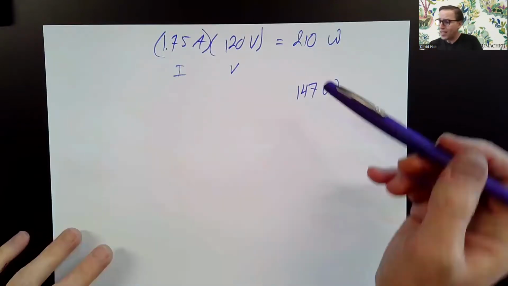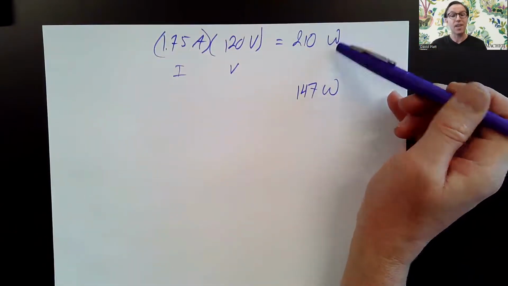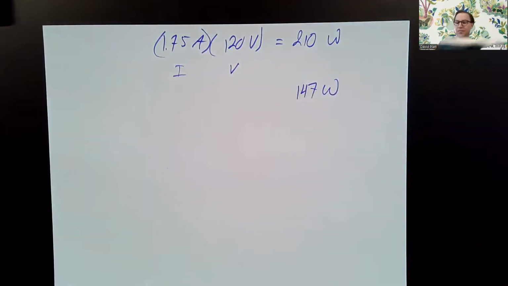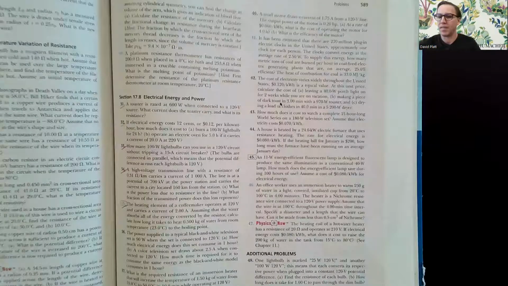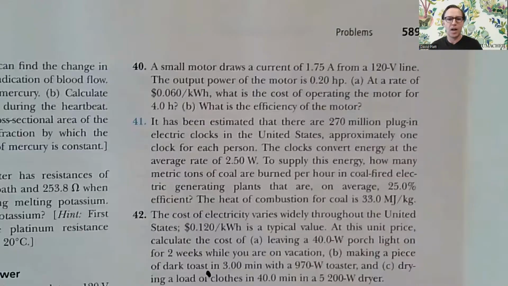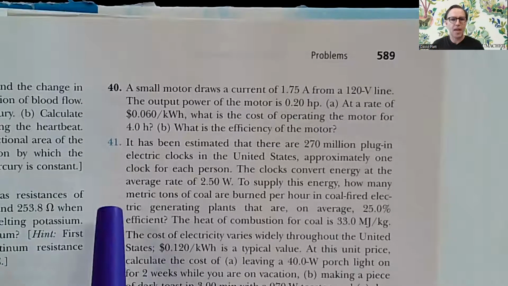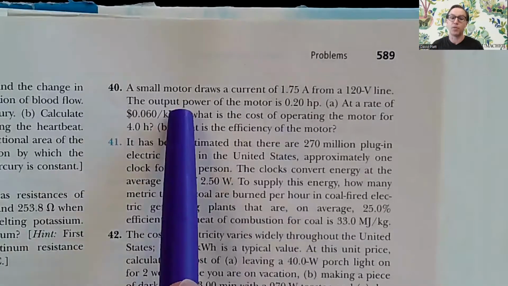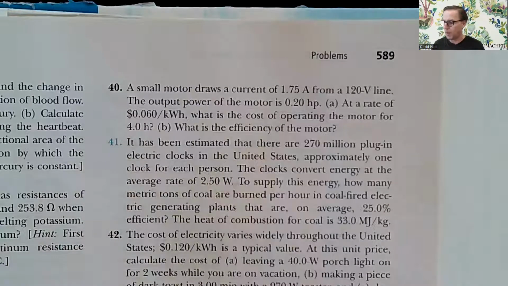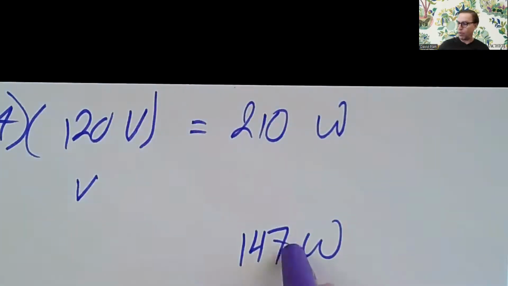So this is how much energy I'm expecting to come out. This is how much energy I'm actually getting out. It says here, the output power, the number of joules per second that are actually coming out, is 0.2 horsepower, or the rate at which energy is coming out is actually 147 watts.